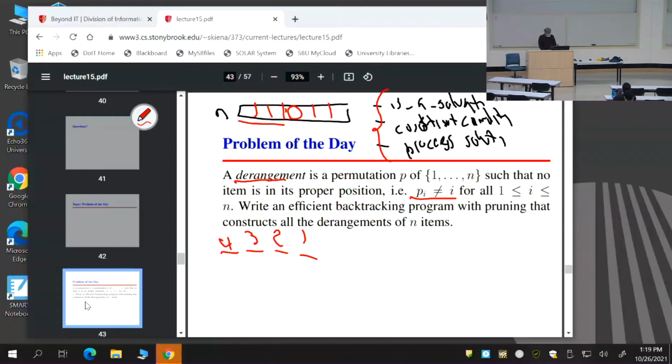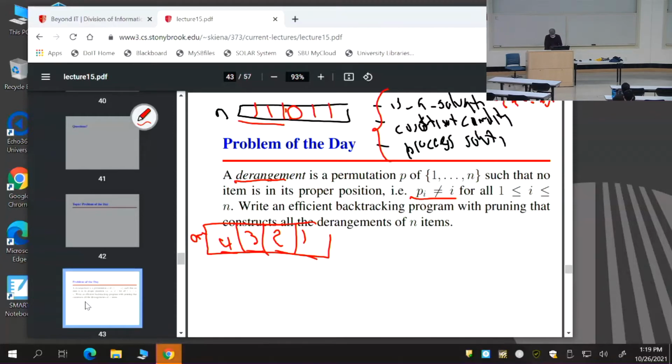Have I filled up my solution vector? You're going to be making a vector like this, and you want to know when you fill it. So is it a solution? That I guess was just basically is k equal to n. That's what you're telling me. Just like the permutation one. Have we filled the array?